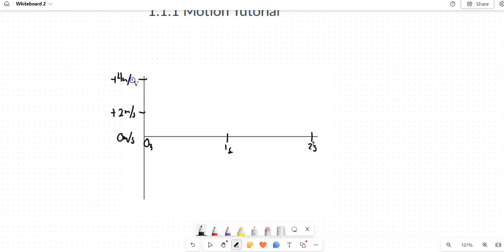On the other side of this you have a negative 2 meters per second and a negative 4 meters per second, right? So I'm numbering this kind of like we do a position versus time graph, where if an object had negative positions and positive positions, except that when we're talking about velocity, these velocities right here represent velocities moving to the right.